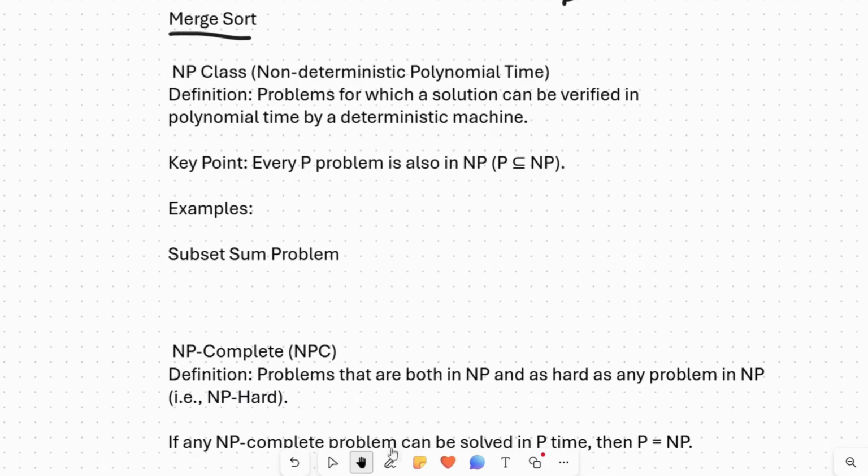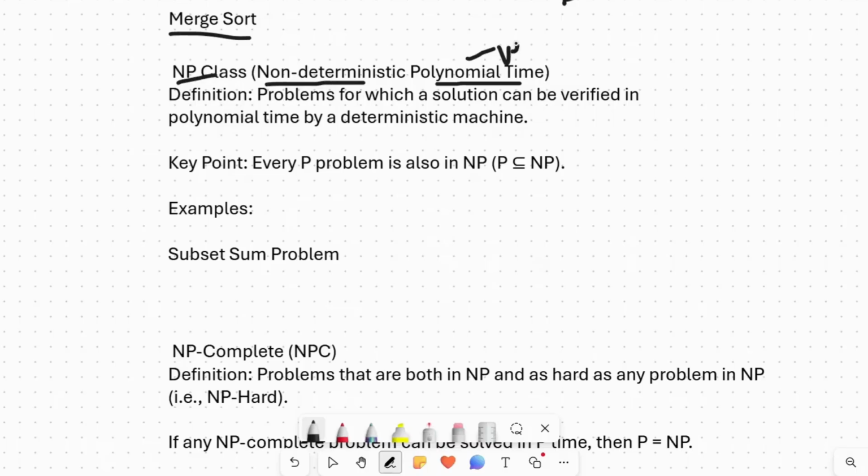Now let's talk about NP class, which is non-deterministic polynomial time. NP class is basically a non-deterministic problem. We can verify an NP problem in polynomial time. So the verification of an NP problem is in polynomial time.